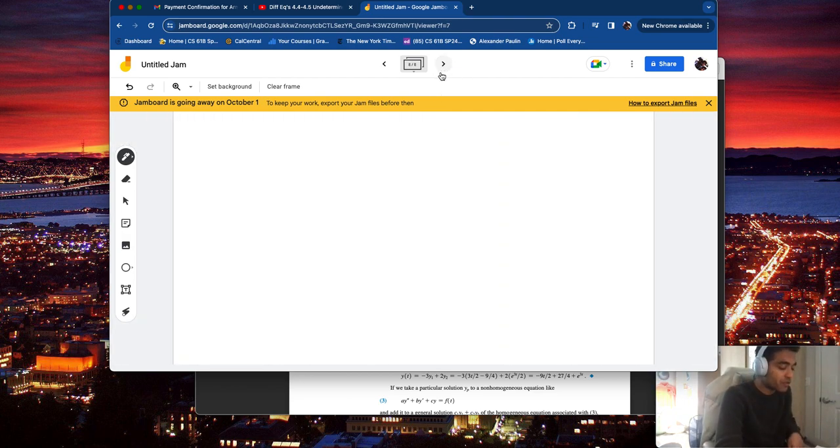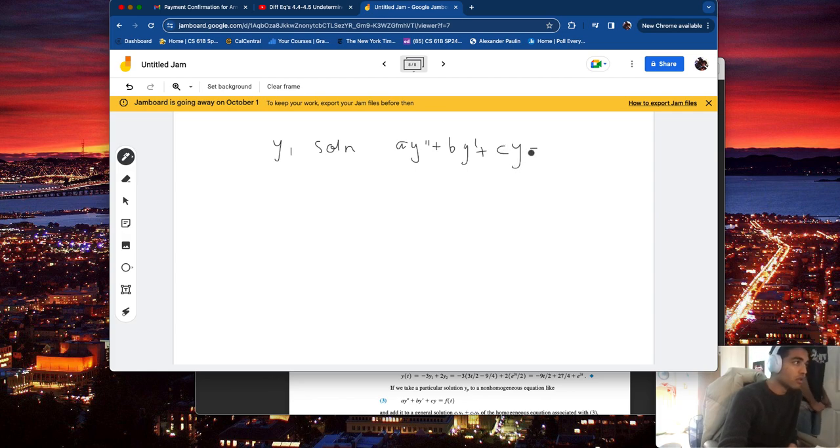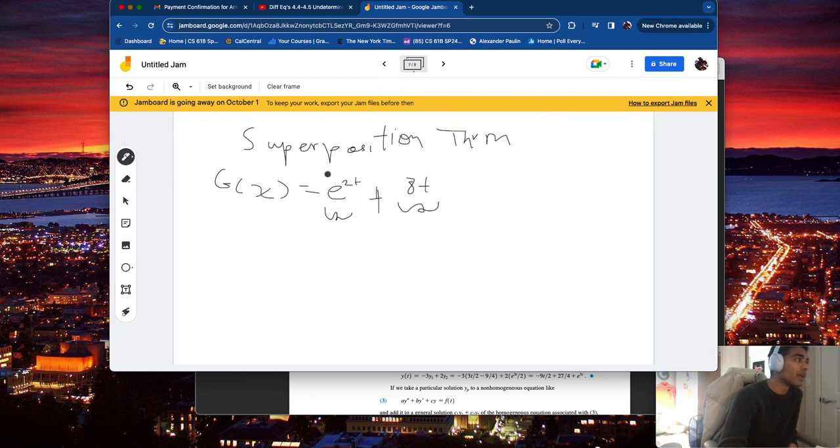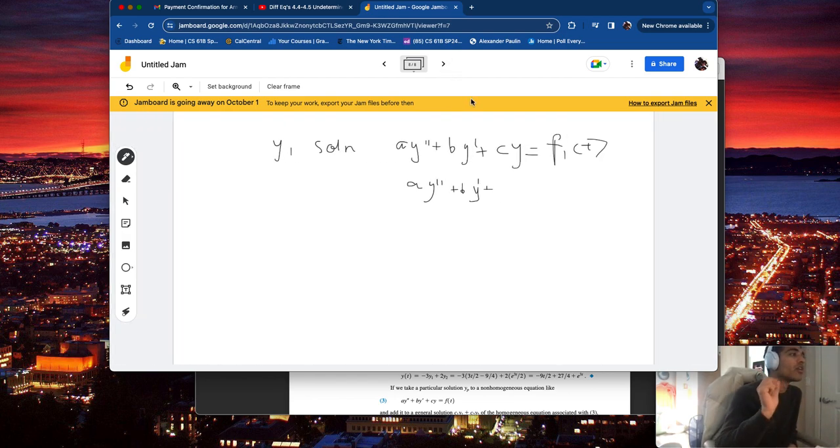So let's define the theorem to better understand what I just said. Let's say y1 is a particular solution to this, and as you can see I'm using the same constants a, b and c, because g of x is compared to one second order non-homogeneous linear differential equation.